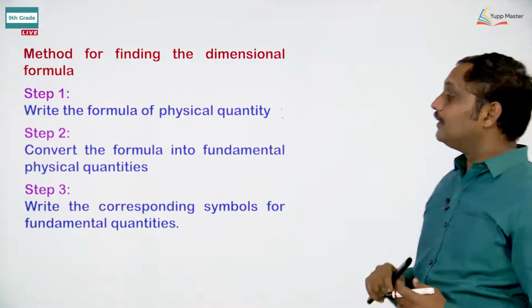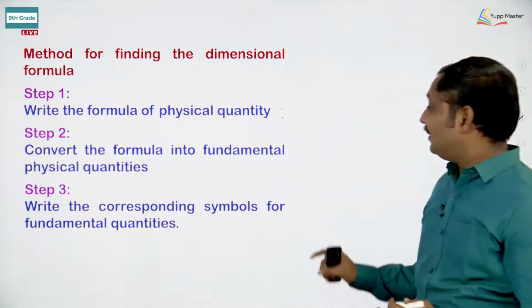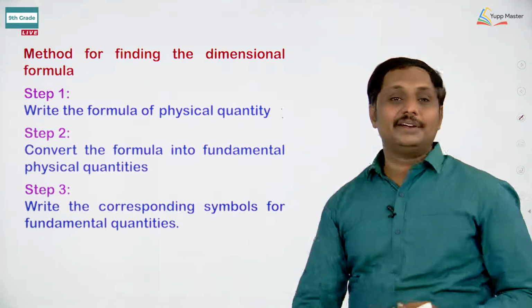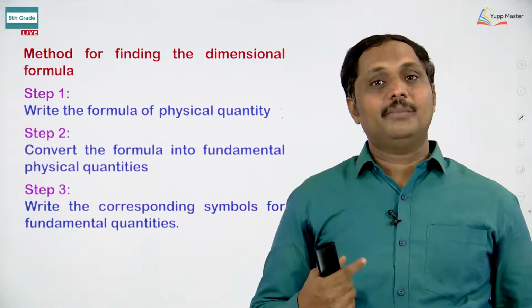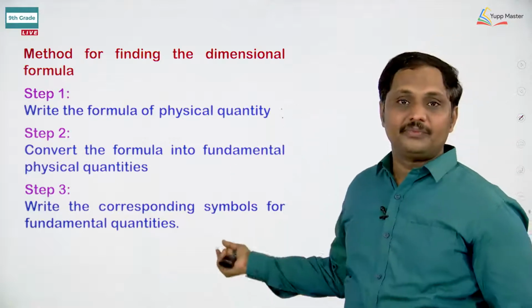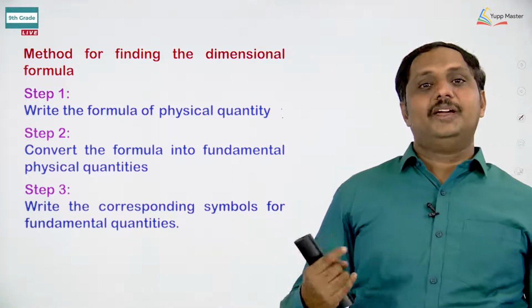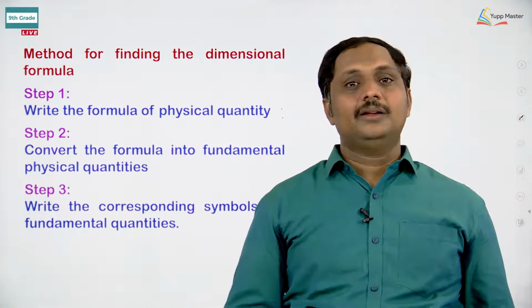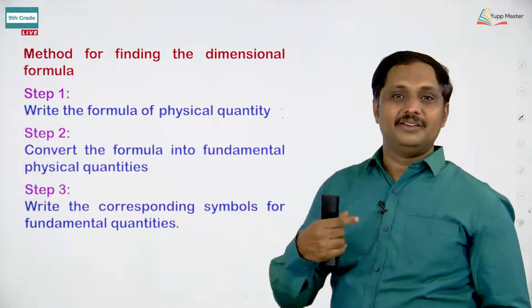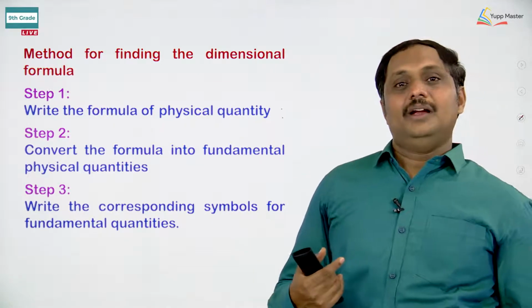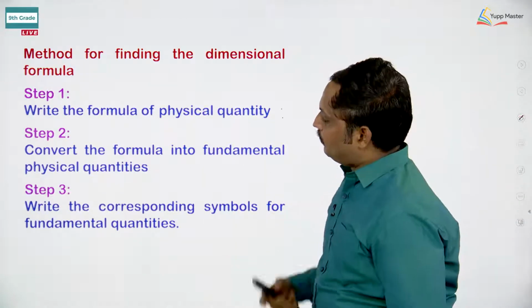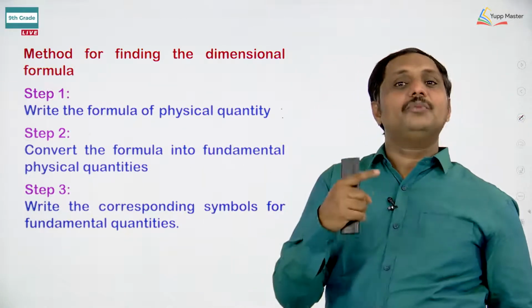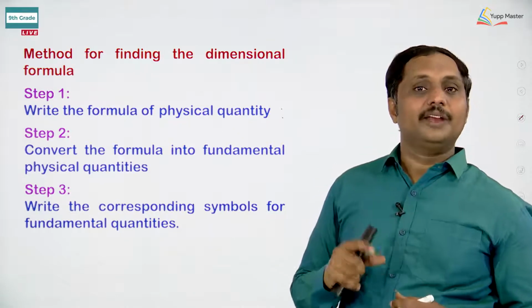Write the corresponding symbols for those fundamental quantities. You are representing the fundamental quantity symbols, which are identified: length, mass, time, and if you take temperature, light intensity, and any other quantities which have been derived in terms of fundamental quantities, they can be identified.